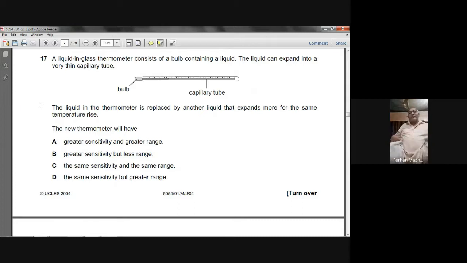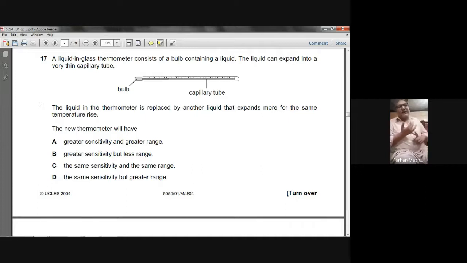And when the thing becomes more sensitive, its range will automatically become smaller. It will become more sensitive because the liquid expands more for the same rise in temperature. And its range will become smaller because the liquid will reach the end of the thermometer at a lower temperature.